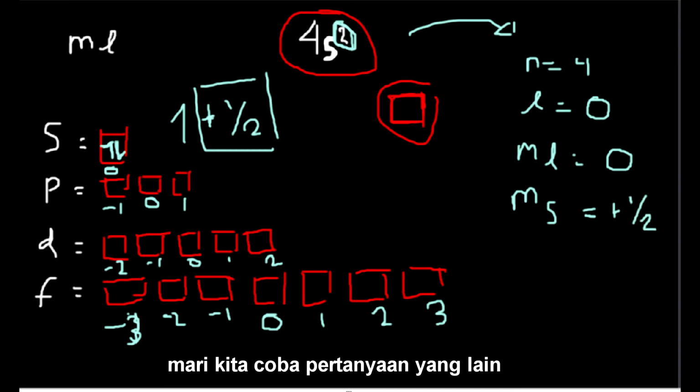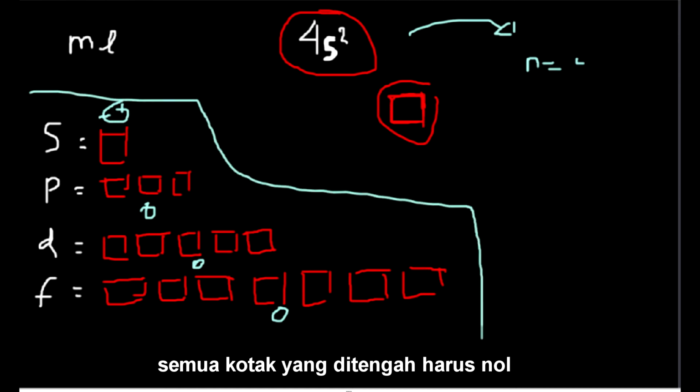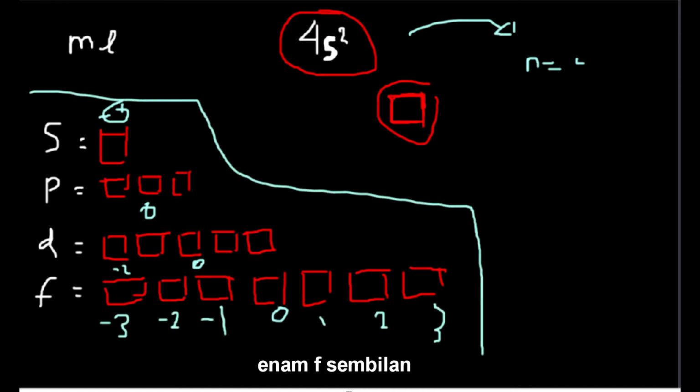Let's try a different kind of problem. Okay, remember this is the middle box of all of the boxes given in the formula, right? Should be 6F9, right? So 6F9. So you change this to 6F9.